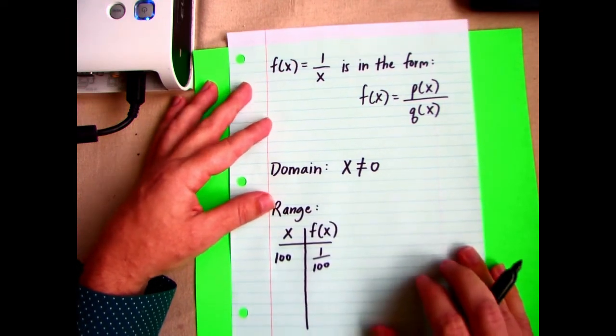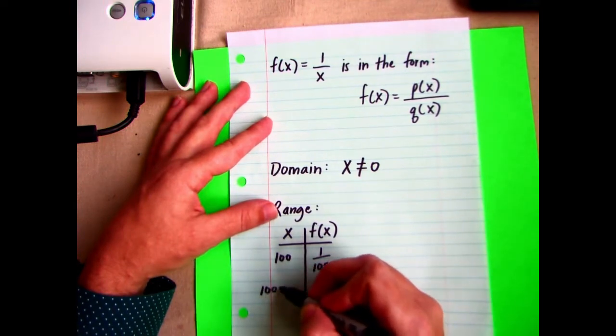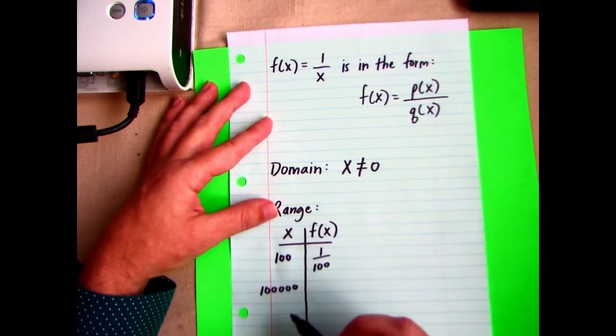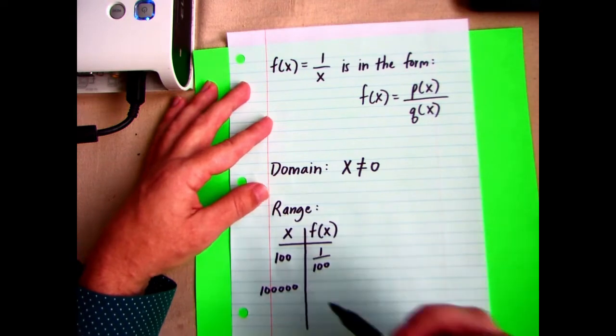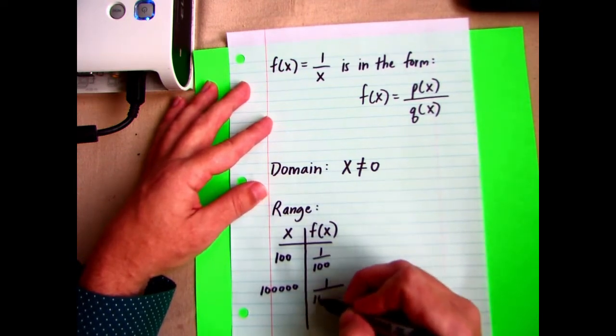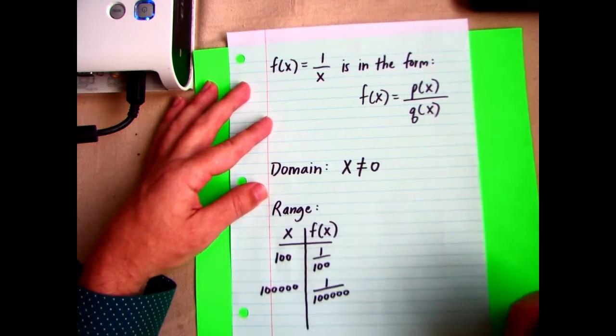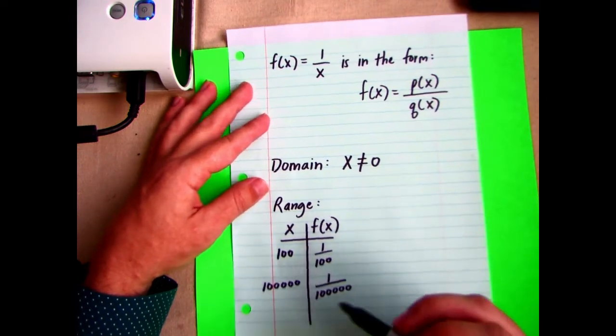What about when x is 100,000? Another very large number. When x is 100,000, f of x is 1 over 100,000. So a very small decimal, or a very small fraction.